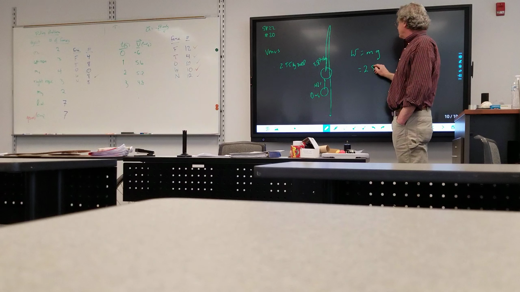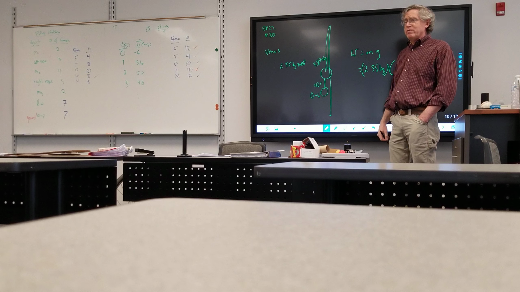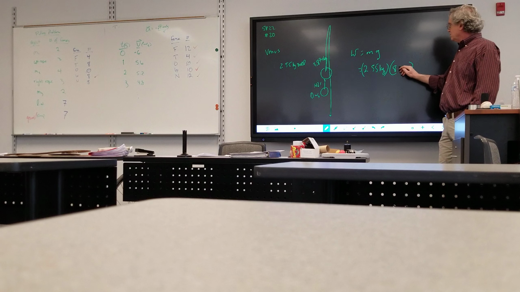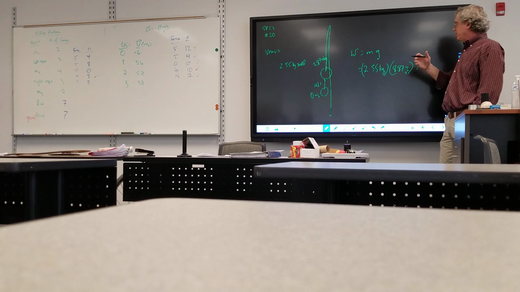So we take my mass, that's given, multiply times the acceleration due to gravity on Venus, which is 8.87 meters per second squared, and multiply.